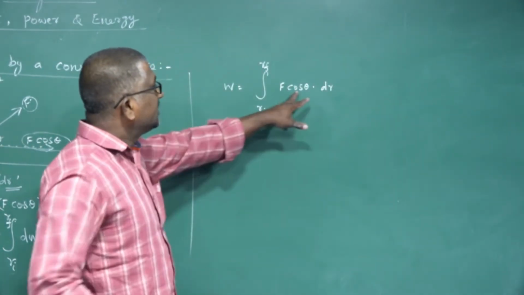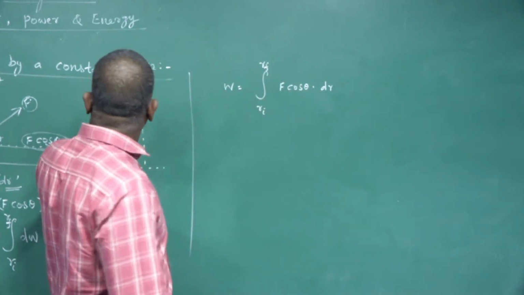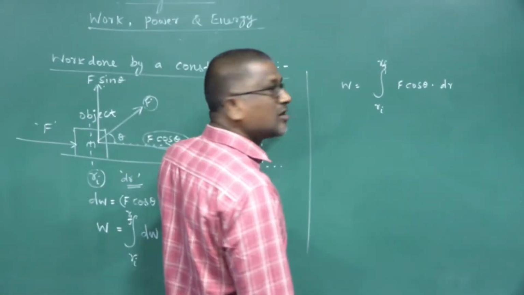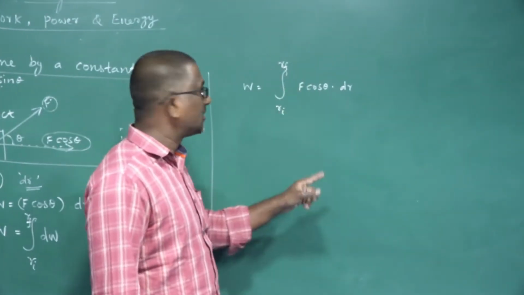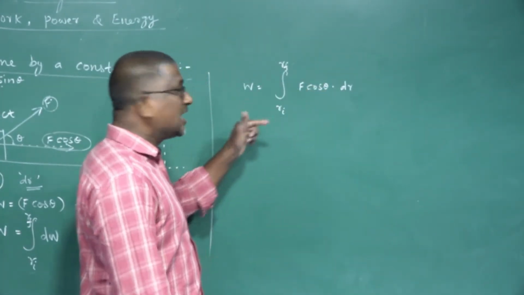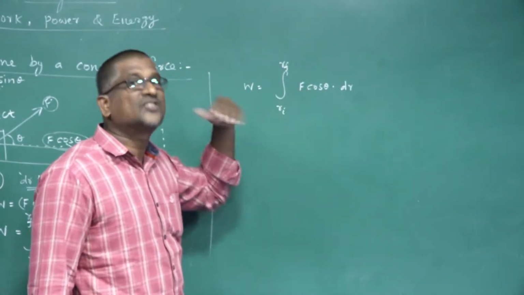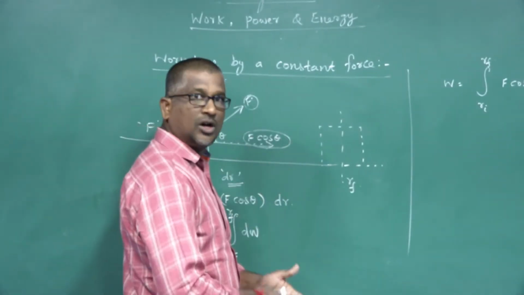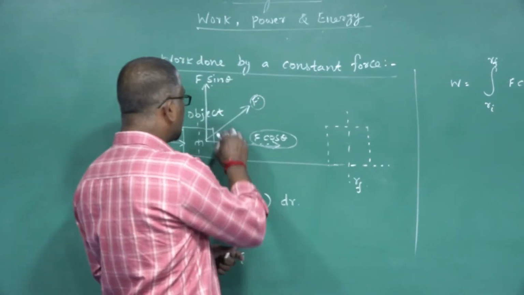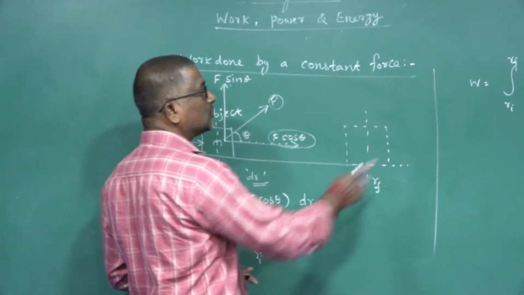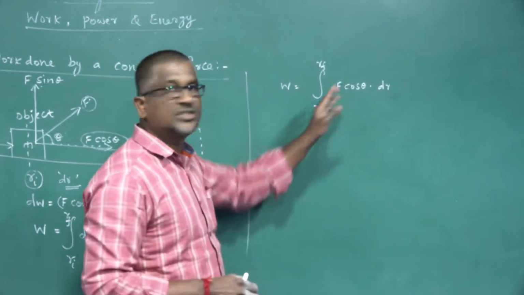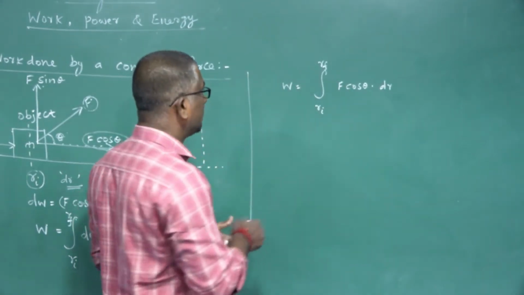In this equation, as I already told, force is constant because the topic is work done by a constant force. And theta is the angle between force and the direction of motion of the body. Here the direction of motion of the body also does not change, so theta remains constant. Constant values we can't integrate, so take them outside.